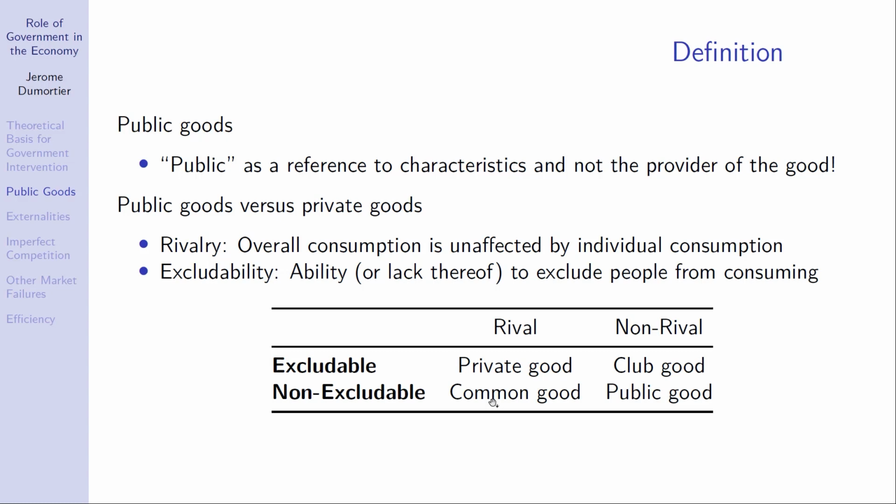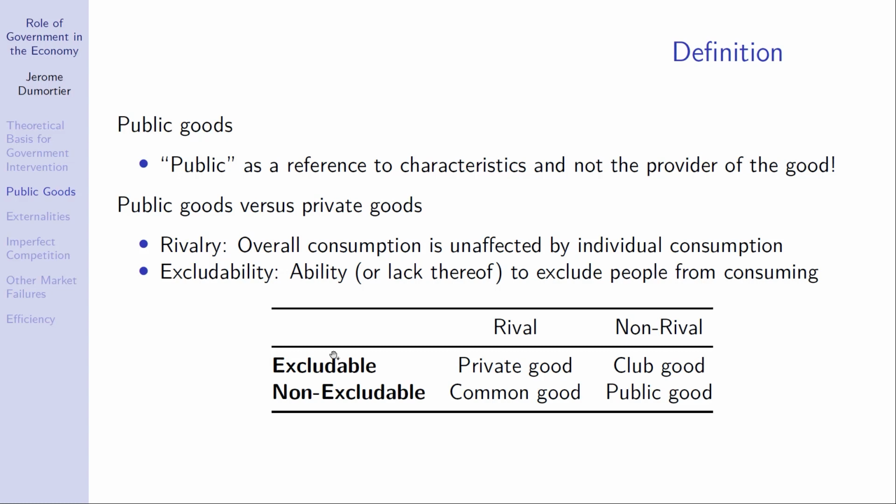A public good, and this is what I mean by characteristic, is non-rival and non-excludable in consumption, in the sense that you cannot exclude people from using the good, and it doesn't matter how many people use the good. The consumption does not affect others. So think about me installing a street light in front of my house.